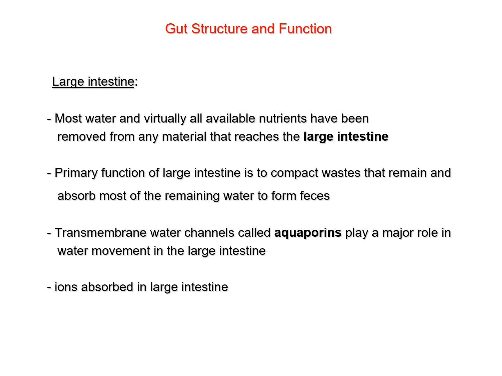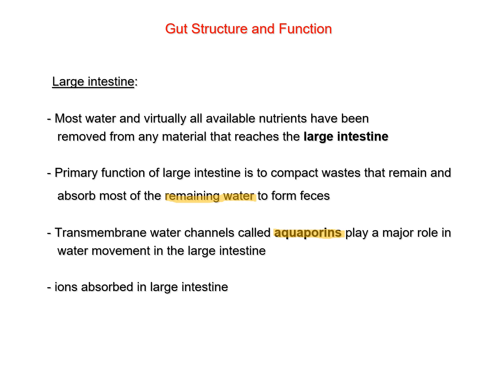In the large intestine, the remaining water will be absorbed. There are transmembrane channels that allow for water movement from the space of the intestine into the body tissue, and they are called aquaporins. So these are protein structures that together form a channel for water to be absorbed.